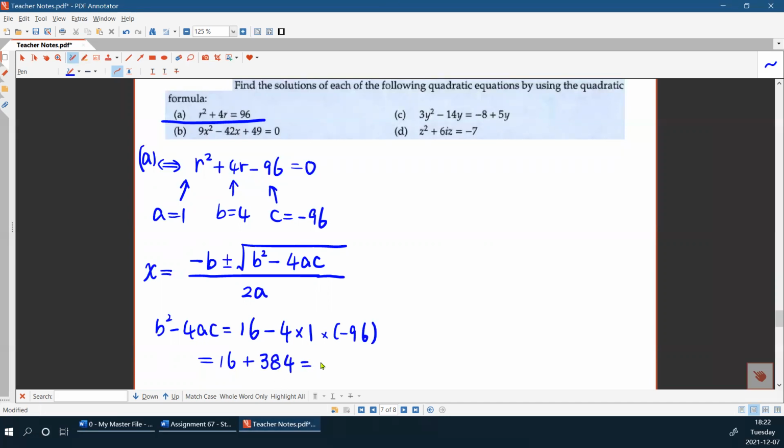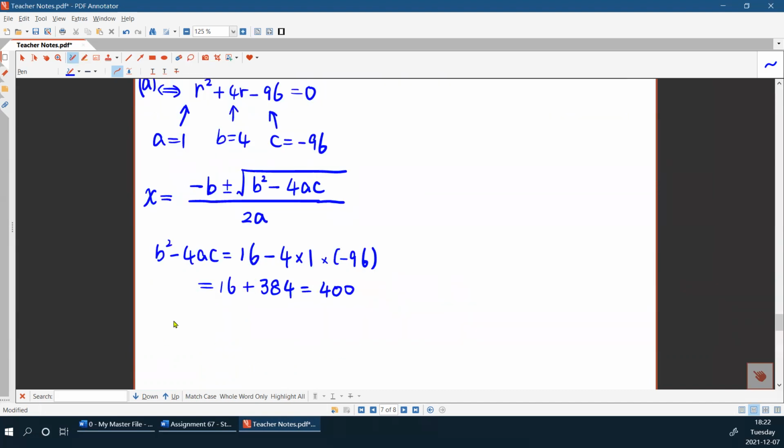And this is 400, right? Okay, so then x, according to the formula, is minus b, which is minus 4, and then positive or negative square root of 400, which is 20, over 2, right?